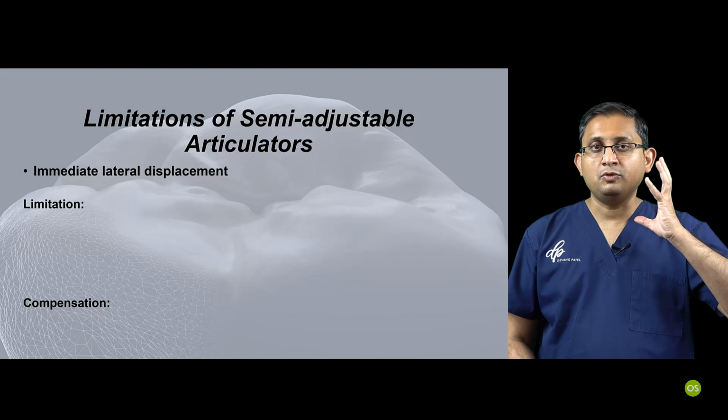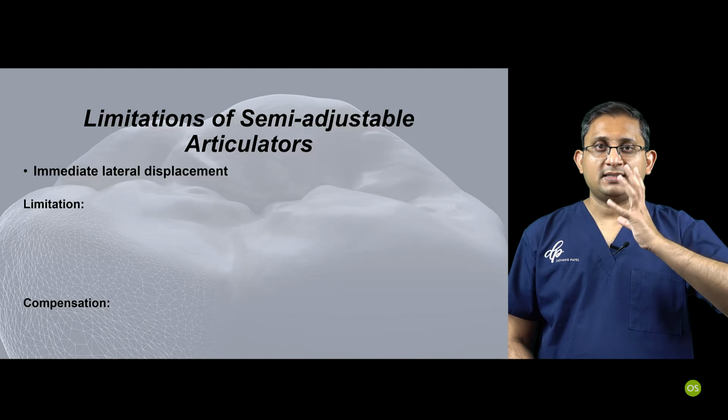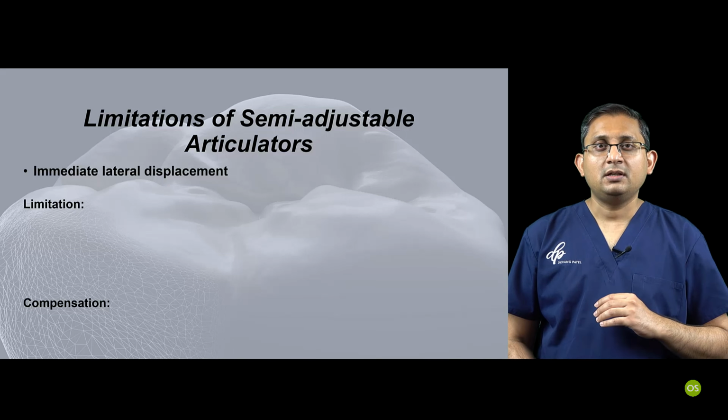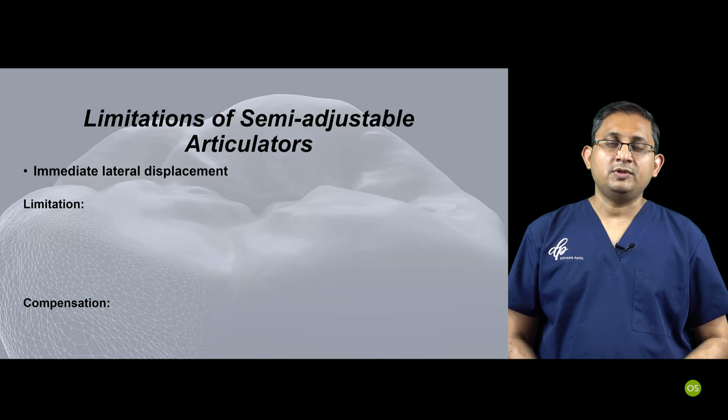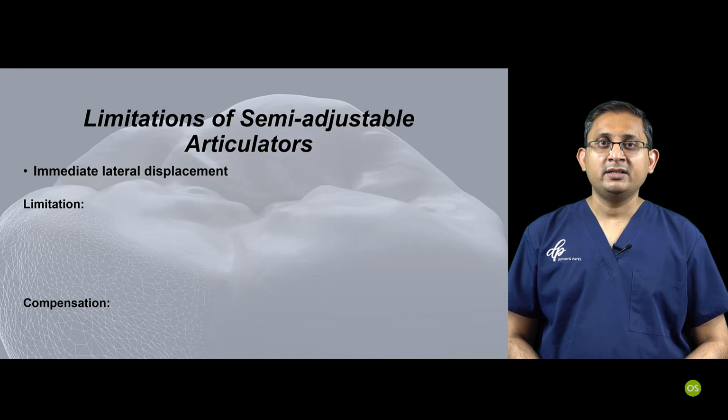However, sometimes it moves immediately sideways and then moves forward and downwards. That immediate movement sideways can relate to some interferences if you have cusps which are quite steep on posterior teeth.